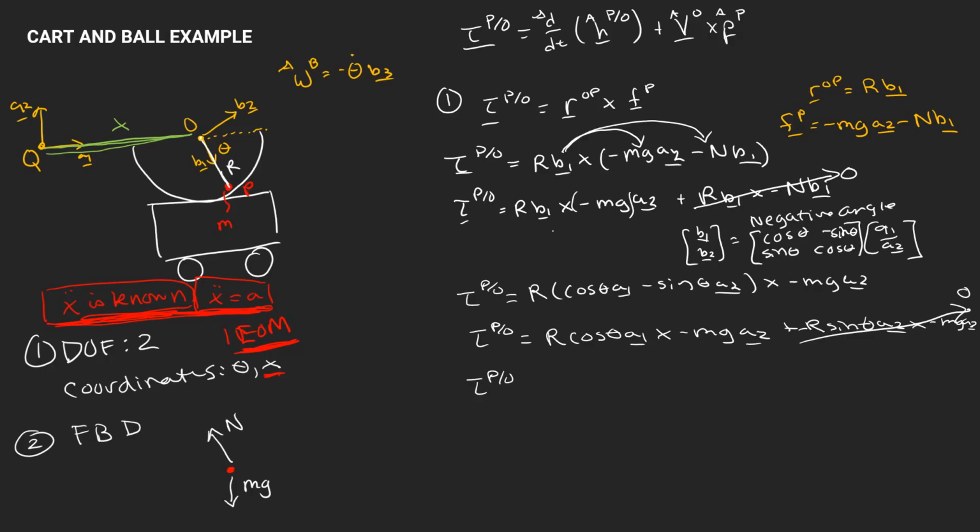And so what we're left with is negative mg R cosine theta, and then A1 crossed with A2 is going to give us A3. And so this here is our torque term.